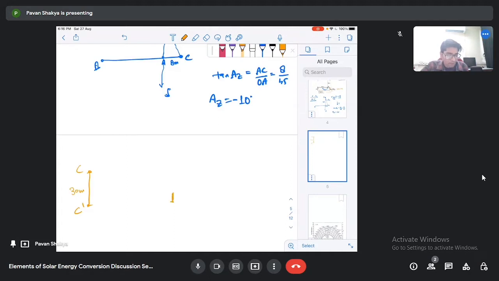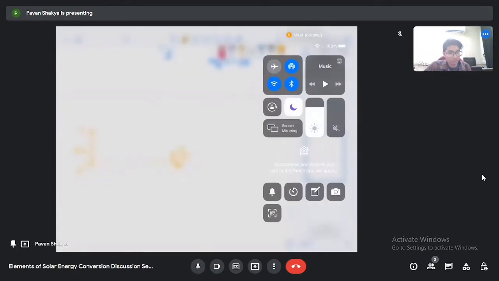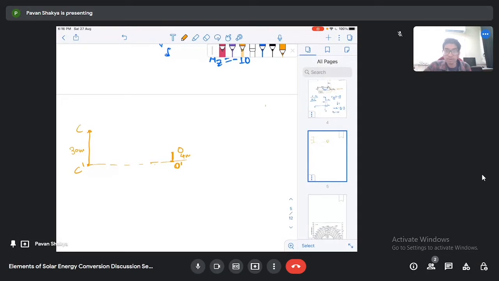This one is our collector, that is O, and this is the ground, and the O dash C dash points are on the ground. I think there is some problem in the connection, so let me fix it. Okay, now it's fine, so let's go.